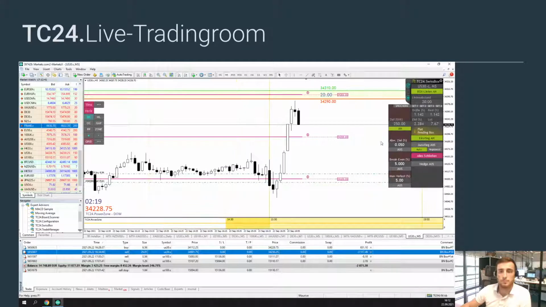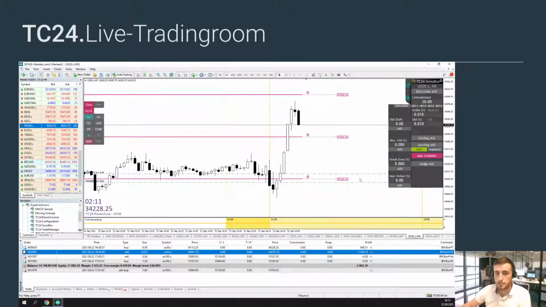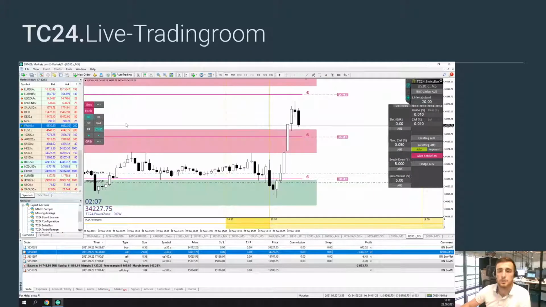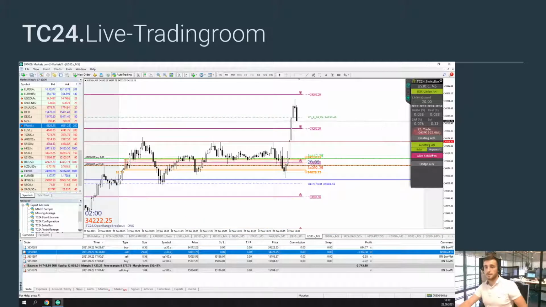Let me just close these ones up, as we're no longer participating in that. But what I do want to do is see, nope, not highs and lows. So going back down to that zone again. And here we are with the trade open.